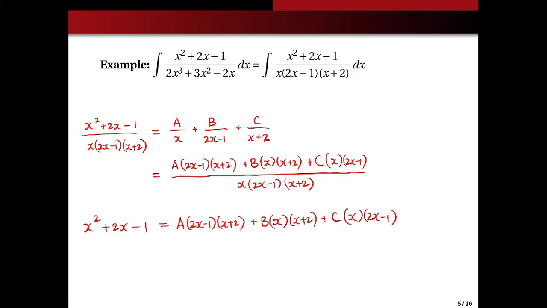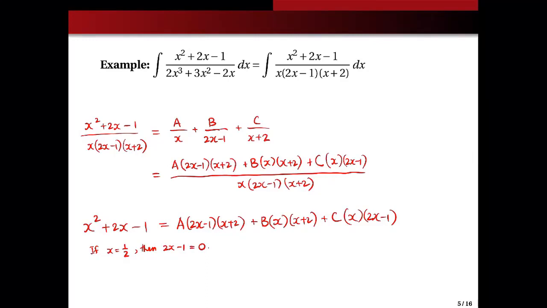This A has coefficient 2x minus 1. This C here has coefficient 2x minus 1. So if I let x be equal to 1/2, then 2x minus 1 will be equal to 0, correct?